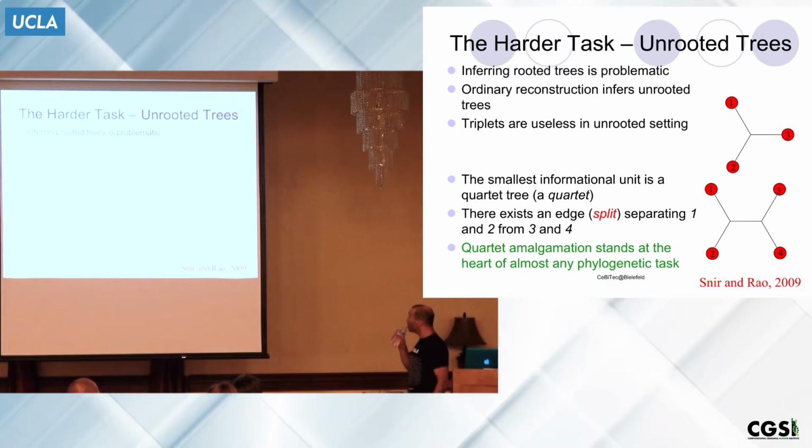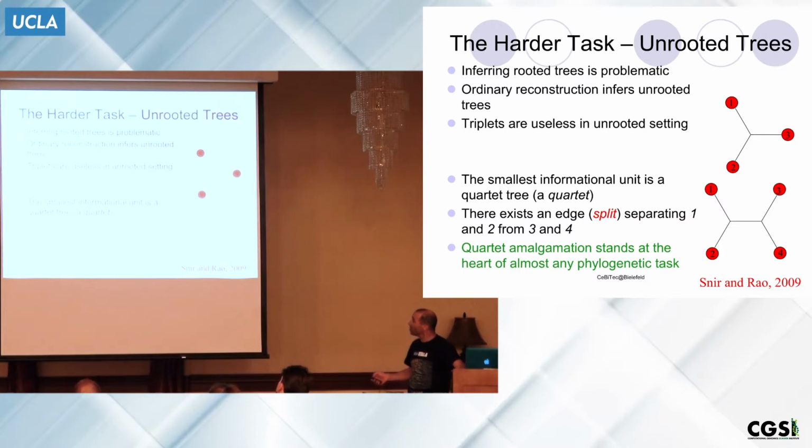With unrooted trees, the unrooted triplet has no information. There is no phylogenetic information in an unrooted triplet, because there is no cut that gives you any combinatorial information.